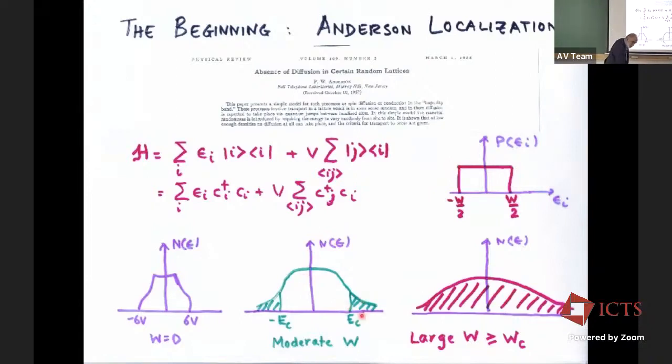It's only in the tail that you get some localized states. In this particular case, it also turns out that even at the band edge, the states start getting delocalized again. So that's a reentrant behavior here, which I haven't shown, but that's specifically because of this sharp cutoff here.